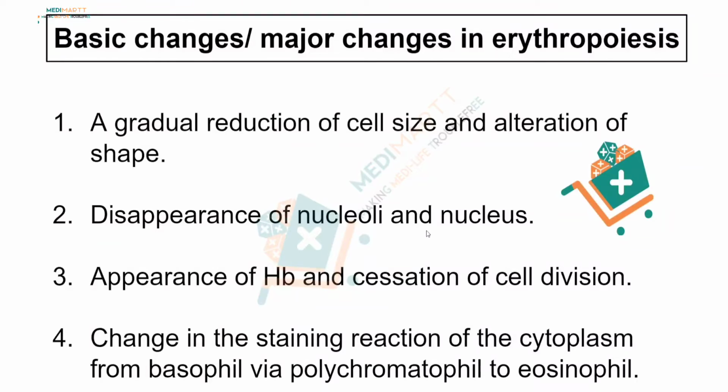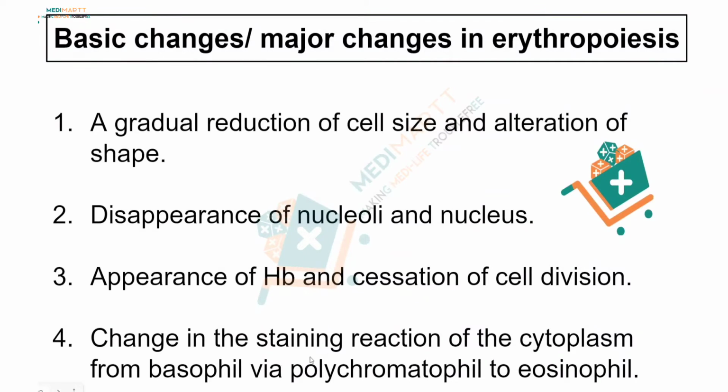Then the appearance of hemoglobin and cessation of cell division. Cell division is also called mitosis. As we saw in the third stage, mitosis was stopped, and hemoglobin was rapidly increasing, which is called the appearance of hemoglobin.